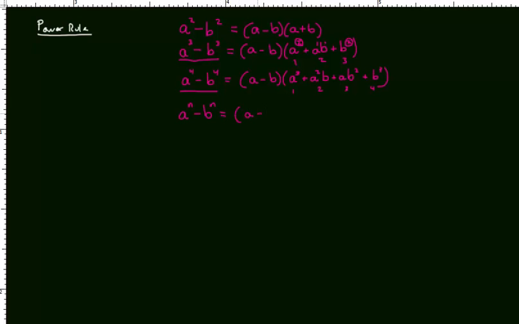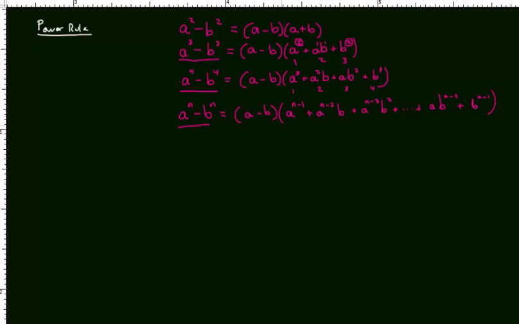We factor out a minus b, and we're left with a to the n minus 1 plus a to the n minus 2, b to the power of 1 plus a to the n minus 3, b squared plus ... That pattern will continue till the second to last term, which is a times b to the n minus 2, plus the very last one, which is simply b to the n minus 1.